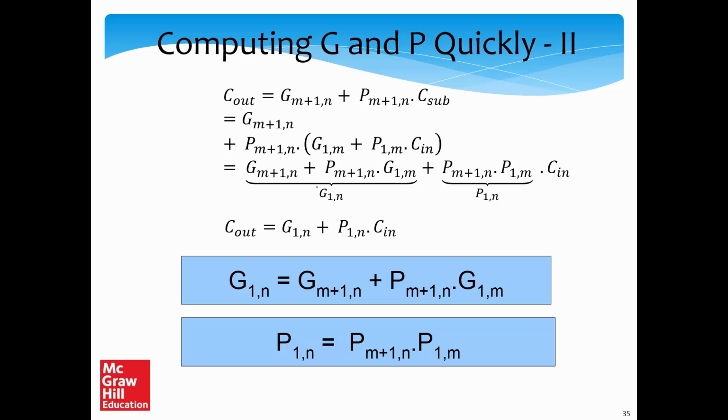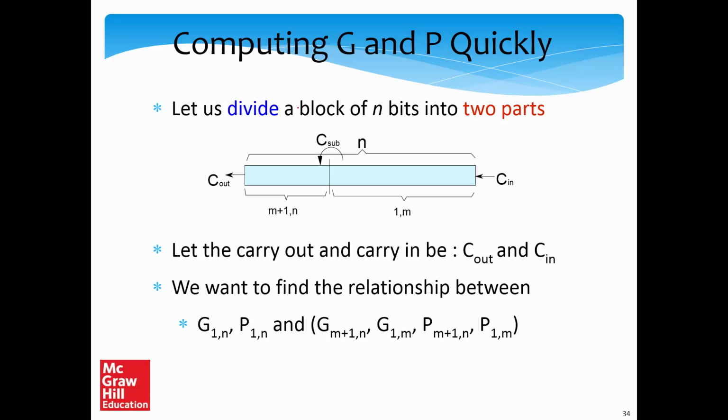So in this equation, the carry out is essentially equal to... Let's call the carry which is propagating from the sub-block of the first m bits to the remaining n minus m bits as C sub.